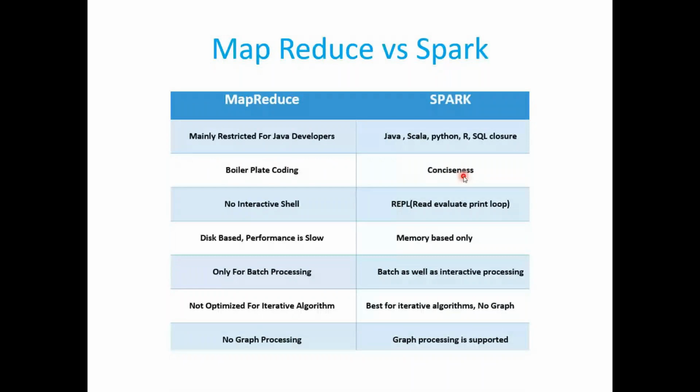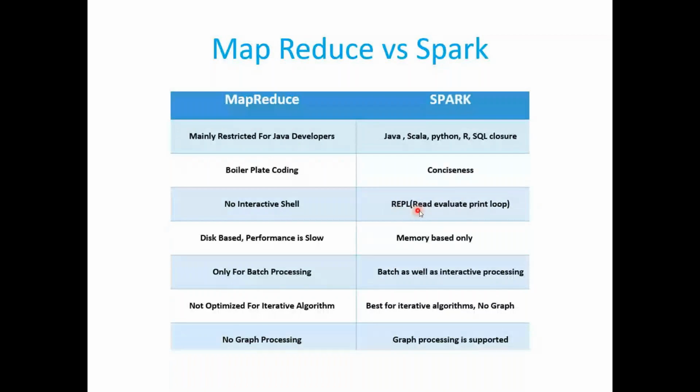And there is no interactive shell in MapReduce. But in Spark, we have an interactive shell called REPL: Read, Evaluate, Print, and Loop. So I have already set up Spark on my laptop. I will show the REPL now. I'm opening the command prompt.